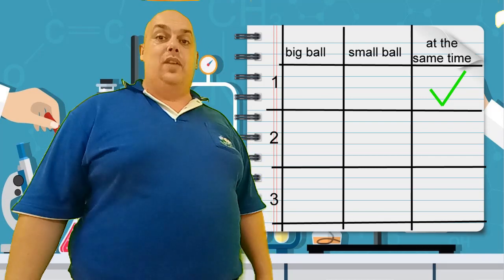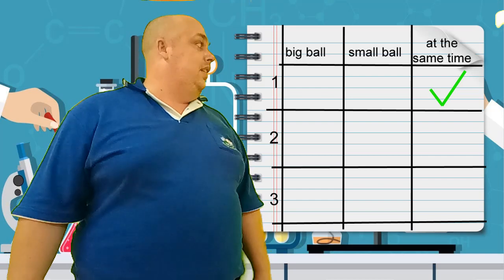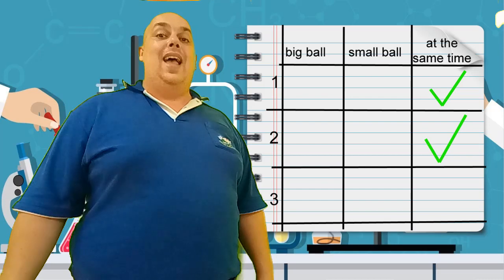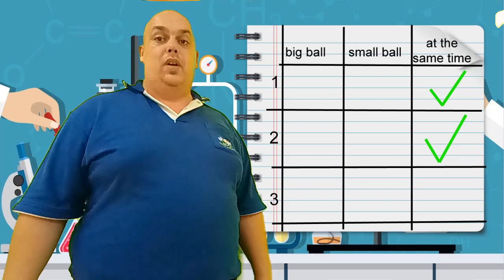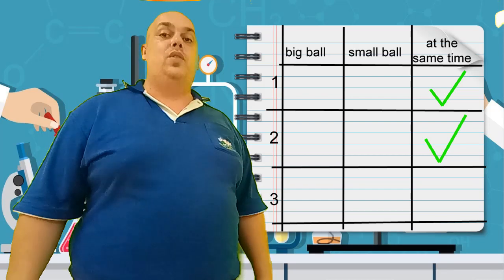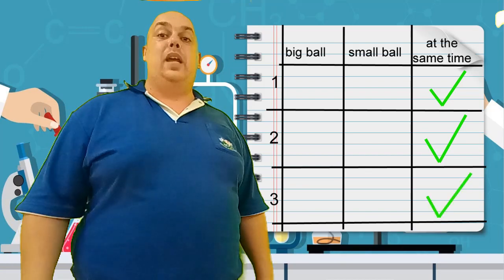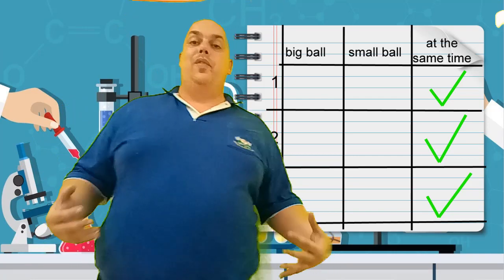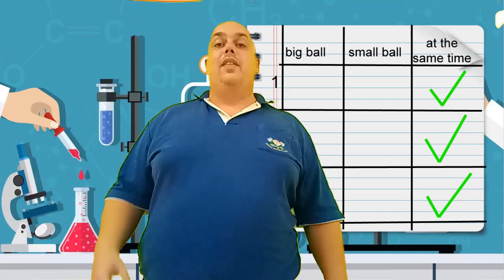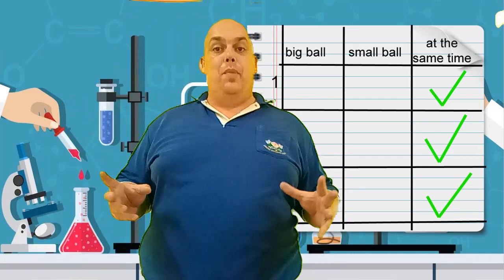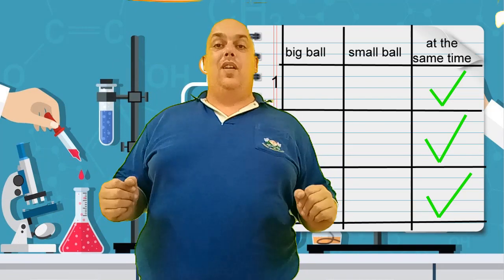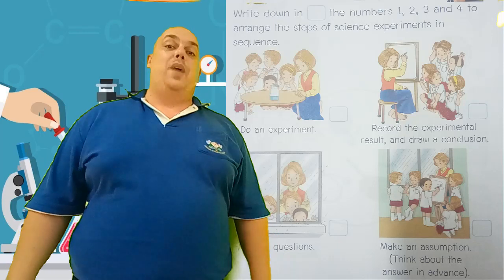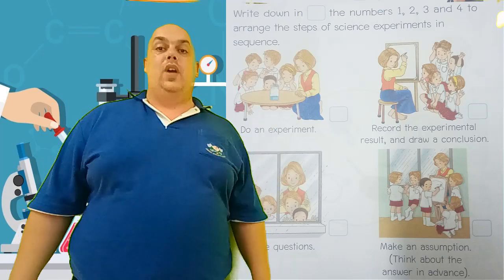Then the second time I dropped them, they again dropped at the same time. And the third time I dropped the balls, again, they both dropped at the same time. So the conclusion of the science experiment is that the big ball and the small ball both fall at the same speed.